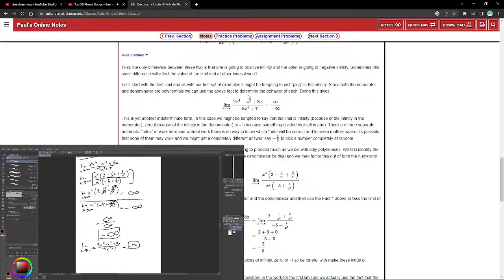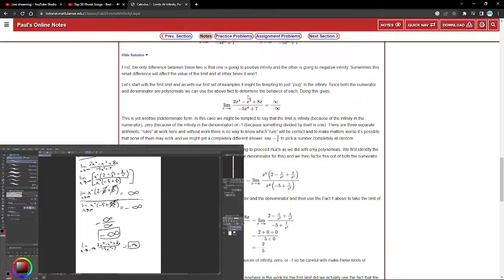Doing this gives... This is yet another indeterminate form, and in this case we might be tempted to say that the limit is infinity because of the infinity in the numerator, 0 because of the infinity in the denominator, or -1 because something divided by itself is 1.